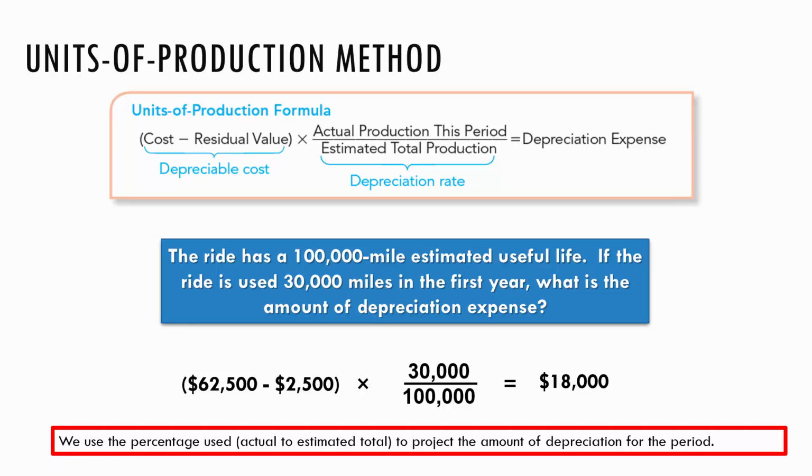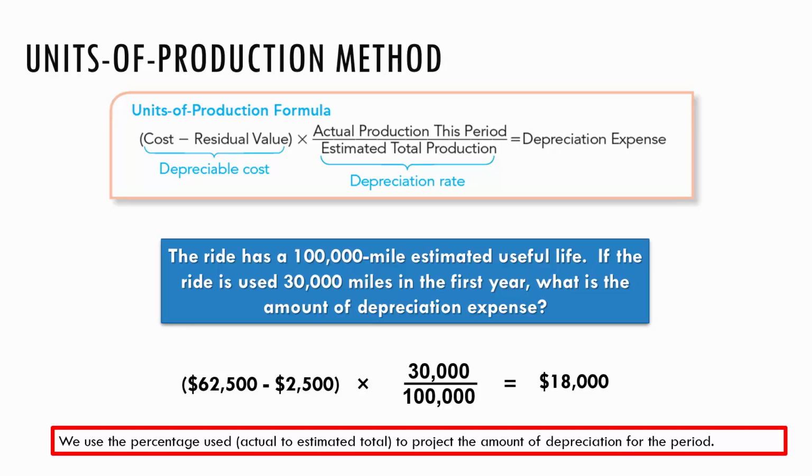This method again would be good if you're talking about automobile tires. It would be good if you're talking about equipment in a manufacturing plant. You could also look at it as units produced from that plant, and hence the name units of production.